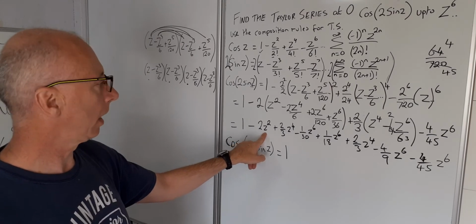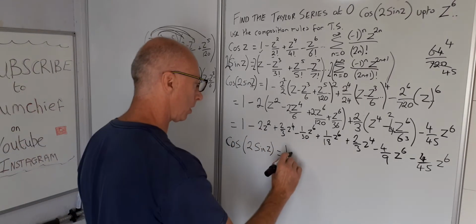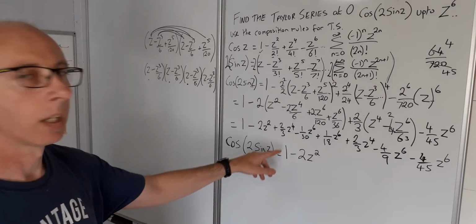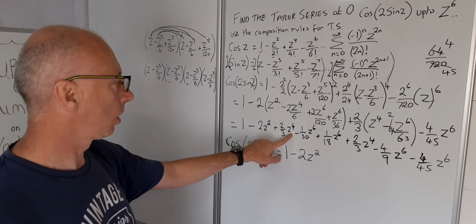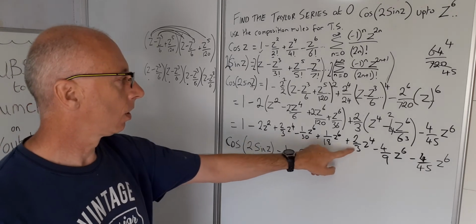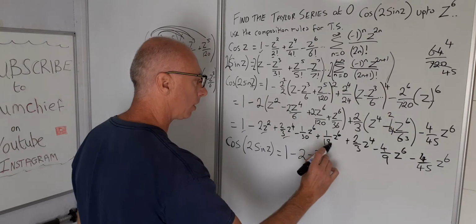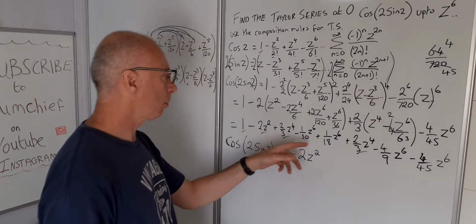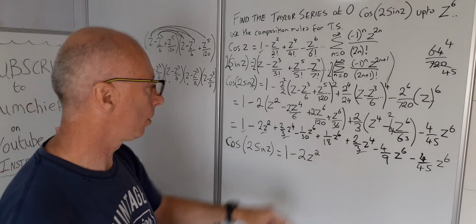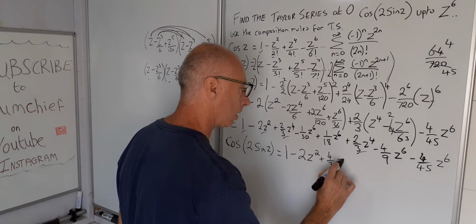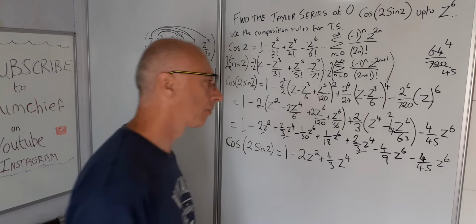Z squared, now that's the only z squared term, so that's minus 2z squared. Okay, z to the 4s. We've got a 2/3, and we've got a 2/3. Let's just put a line under them when they're done. So 2/3 plus 2/3 is 4/3. So that's plus 4 over 3 z to the 4.